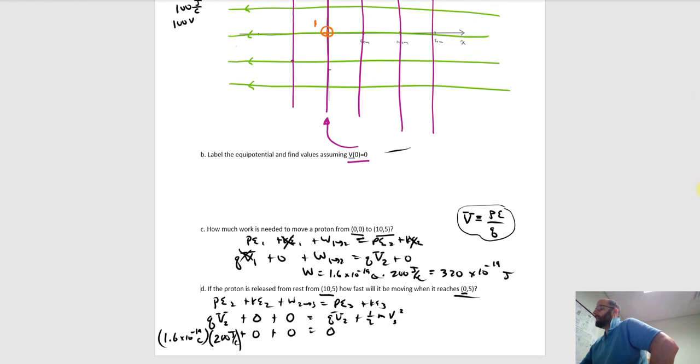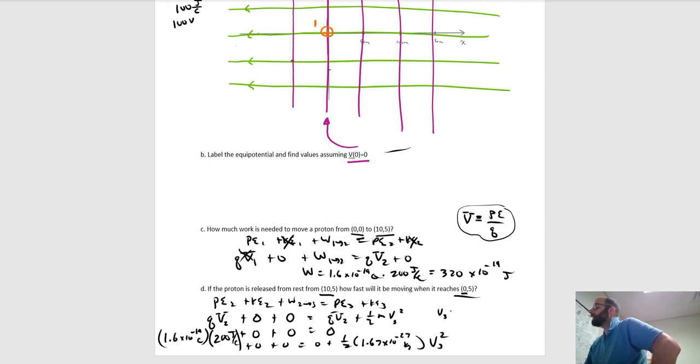Yep. Okay. Equals, whoops, got about all my zeros there. Plus 0 equals 0 plus, putting in a numerical value, 1/2 the mass of a proton, 1.67 times 10 to the minus 27th kilograms times V3 squared.